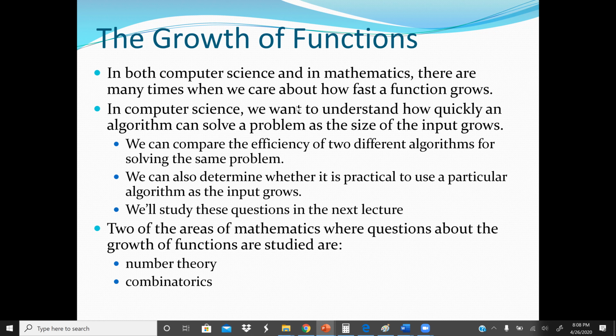This is the whole concept of Big O notation. We use Big O notation to measure how fast a function is growing, which relates to how fast an algorithm runs. So here we can compare the efficiency of two different algorithms for solving the same problem.